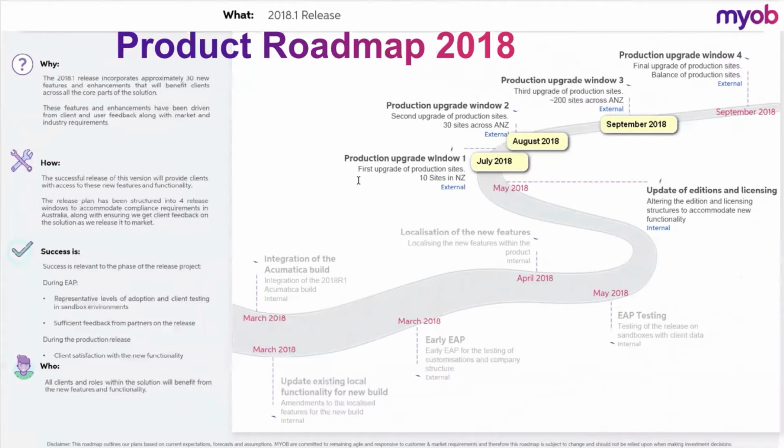Up till now, MYOB and all the partners have been working in collaboration, testing out 2018. We've been especially focused on anybody who had customizations, ensuring there's a smooth transition, and we're testing all the features and functions as we speak.